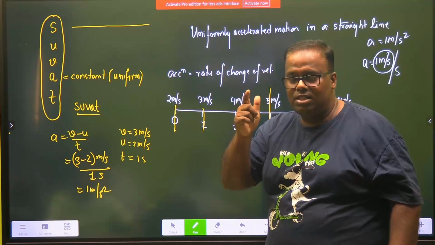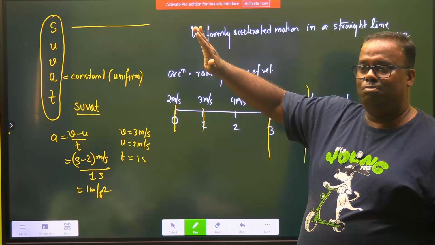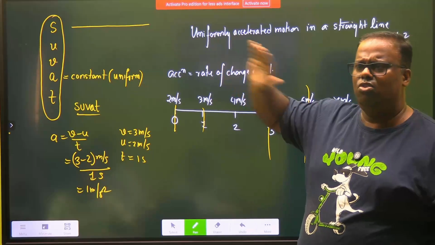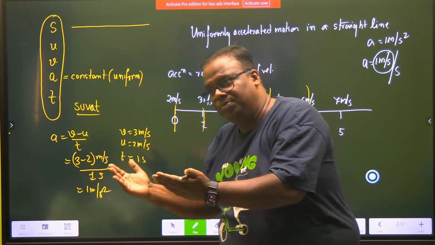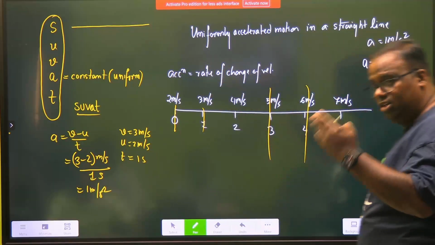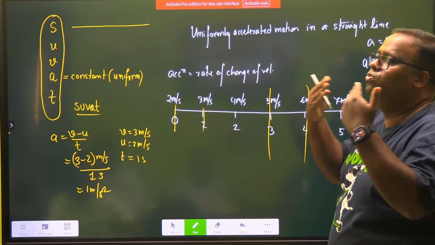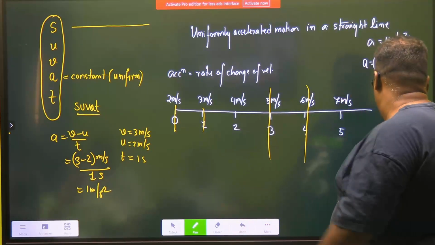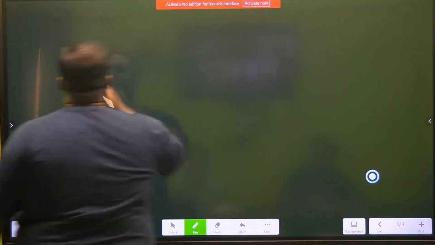When you have acceleration, that means velocity has to go on increasing, but it will increase at a very nice, uniform rate. Now, the velocity can reduce also, and you should reduce it in a very nice manner, uniformly.